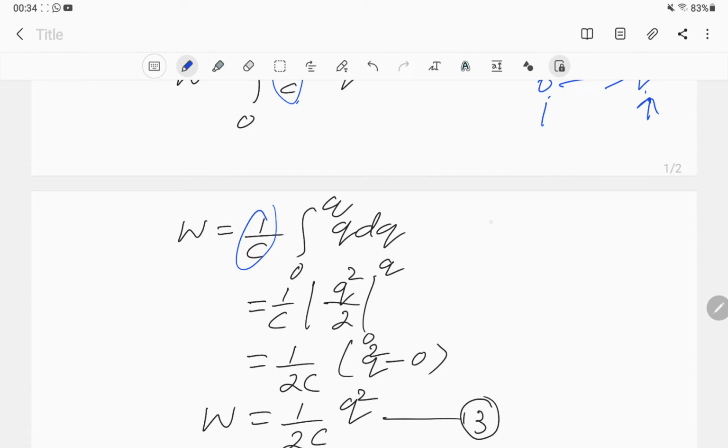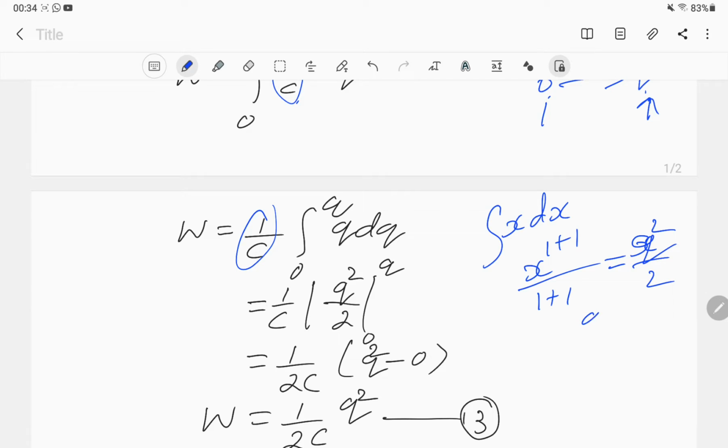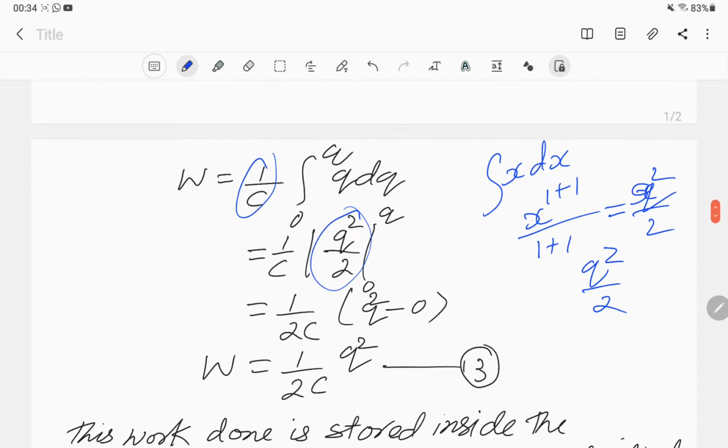It is similar to x dx. Integration of x dx is x to the power 1 plus 1 divided by 1 plus 1, so it is x squared by 2. In place of x we write q, so q squared by 2 is the integration, with limits from 0 to q.